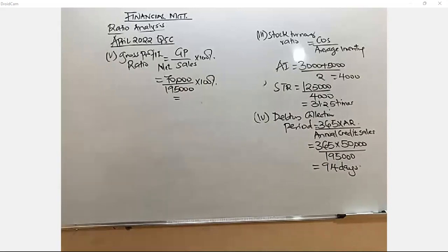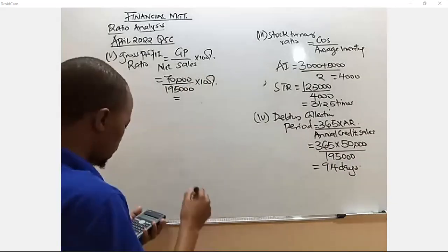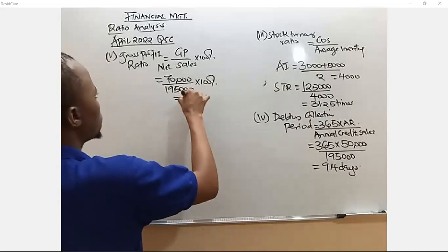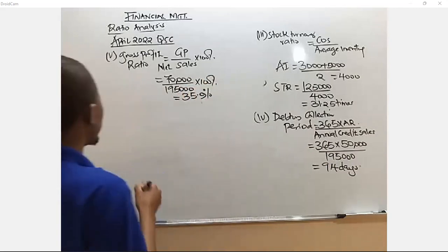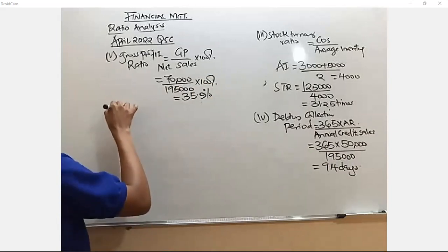It should be 70 divided by 195 times 100, getting around 35.9%.